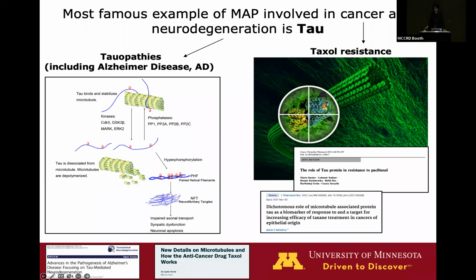Microtubules are, in this picture, these green, hollow pipes inside the cells. Tau is this blue string. Under normal conditions, tau binds to microtubules and provides them with the required stability for microtubules to do what they have to do inside neurons.